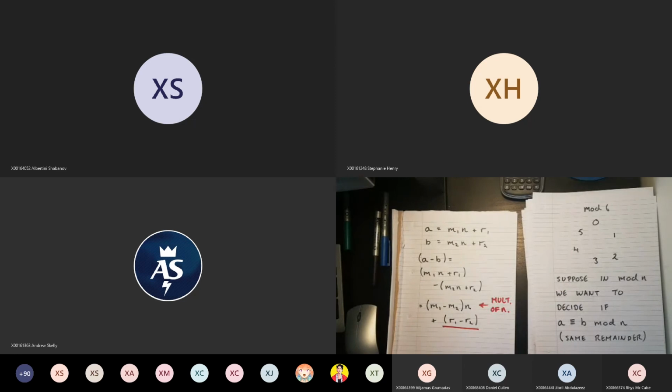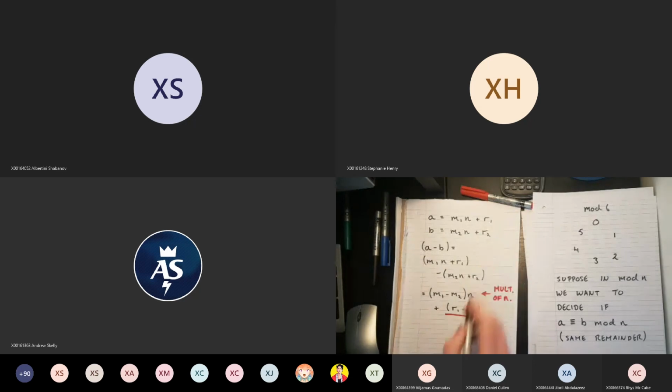So I said before that the sum of the remainders was the same as the remainder of the sums. Well, here the difference of the remainders is the same as the remainder for the difference. And this is the really important thing.